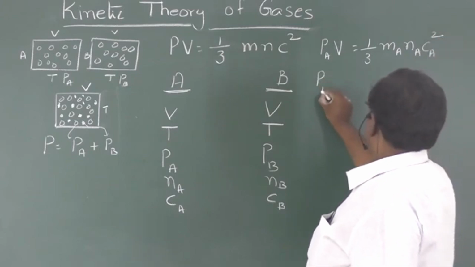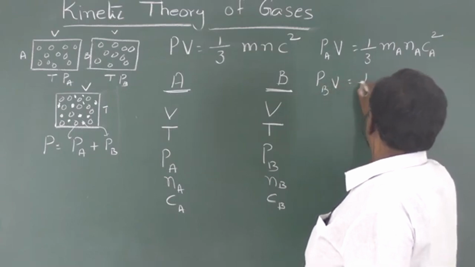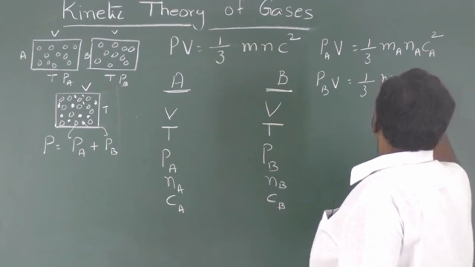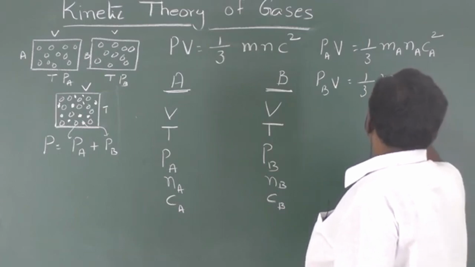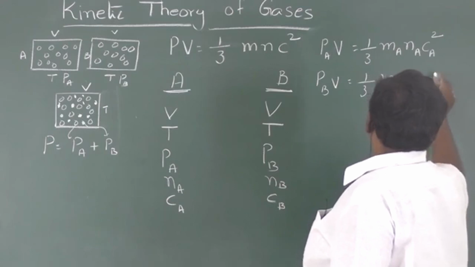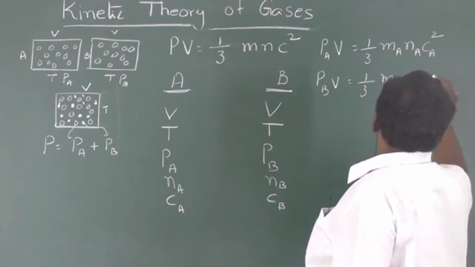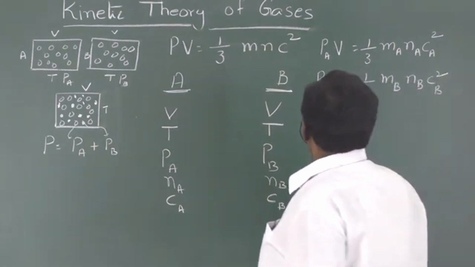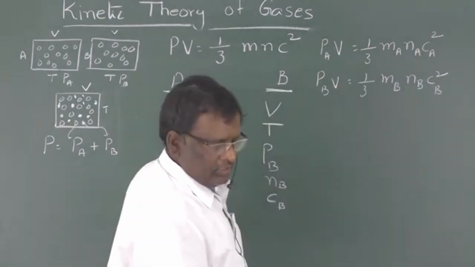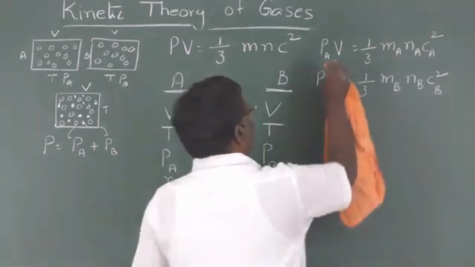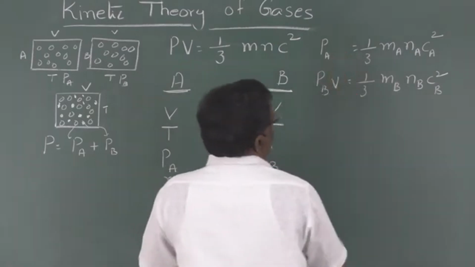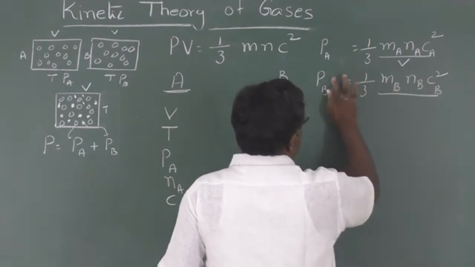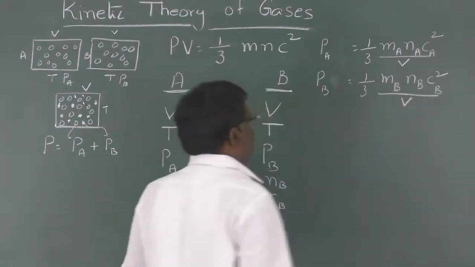For gas B, PBV is equal to 1/3 MB NB CB square. So the partial pressure of each gas we can write as PA is equal to 1/3 MA NA CA square by V, and PB is equal to 1/3 MB NB CB square by V.